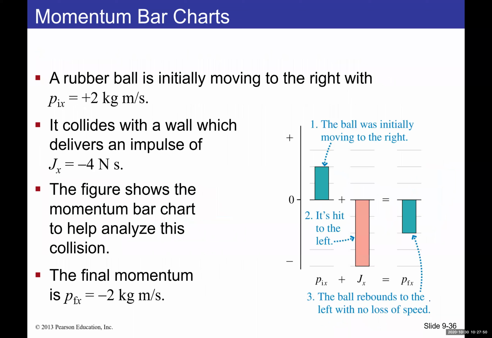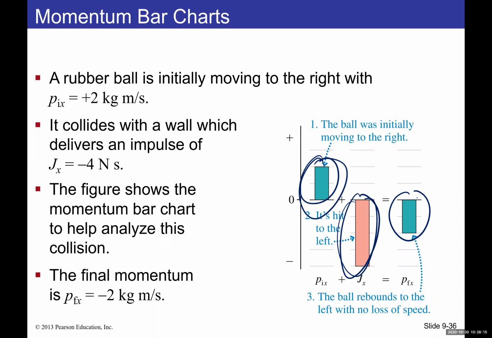But you can also have, let's say, the rubber ball initially moving to the right, and then there's a negative impulse acting on it, so positive momentum but negative impulse. This figure shows that the momentum bar chart is again a sum of them, but this is positive, this is negative. So this represents in a way their difference, which gives you your final momentum.